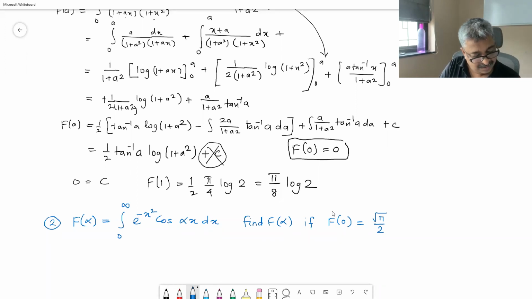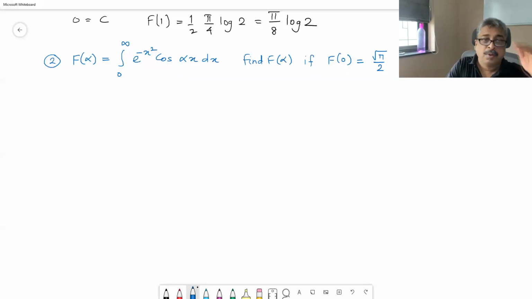Correction. 9. What was it? Capital F of alpha, yes, again this is similar.